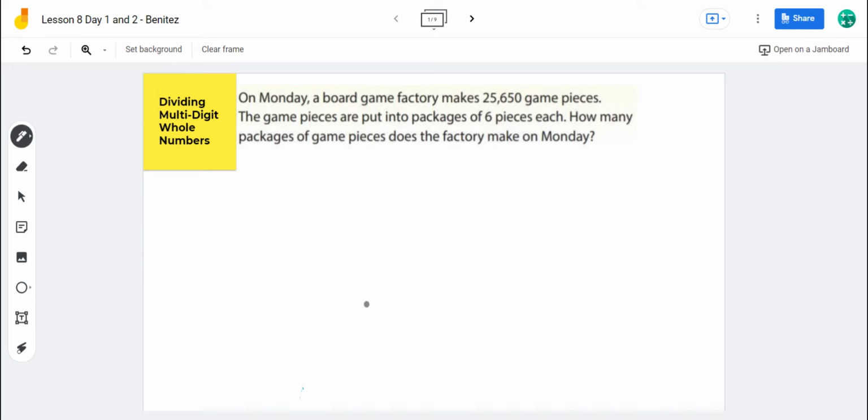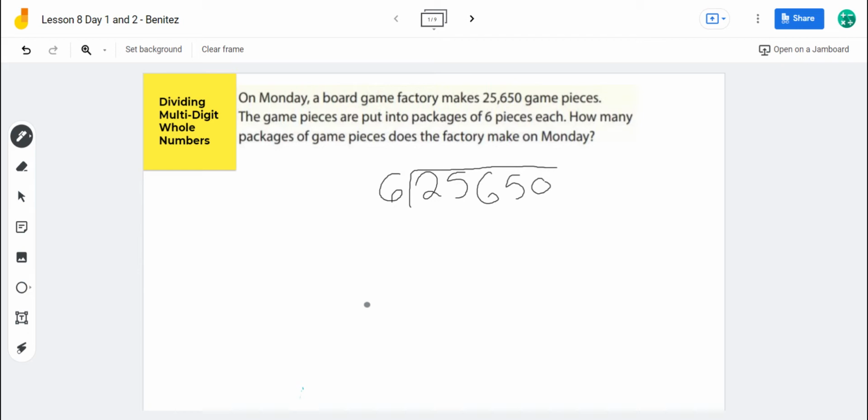So long division looks something like this. So the number that's being divided, and then you draw like a little house over it, and then the number that's doing the division. Go ahead and copy that down.